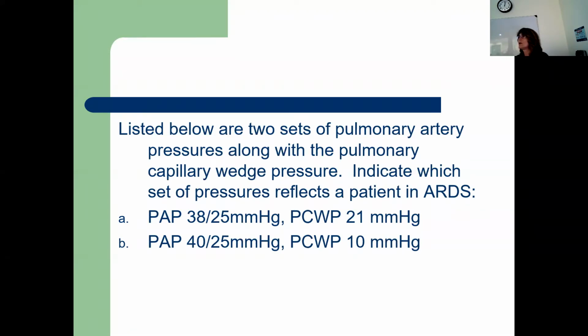But would a patient have a high wedge pressure if they are in ARDS? Remember when you inflate the balloon, the catheter gets wedged, it reflects pressure on the left side of the heart. Somebody in ARDS, is their heart okay? No. It is. Yeah, ARDS affects the lungs.